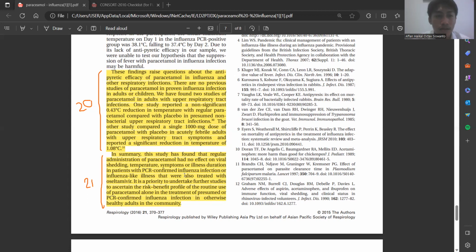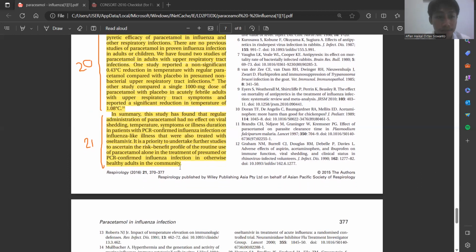The other study compared a single 1,000 milligram dose of paracetamol with placebo in acutely febrile adults with upper respiratory tract symptoms and reported a significant reduction in temperature of 1.08 degrees Celsius.